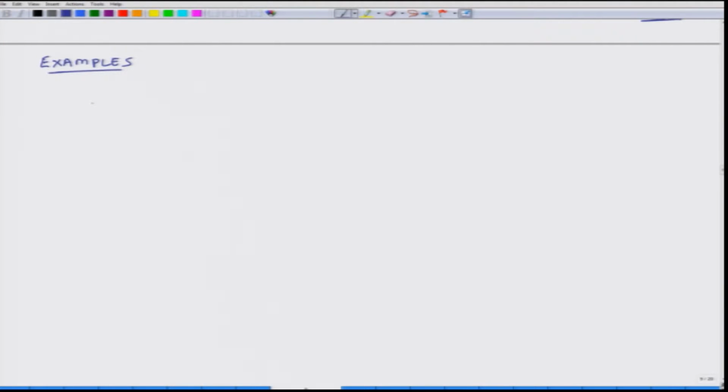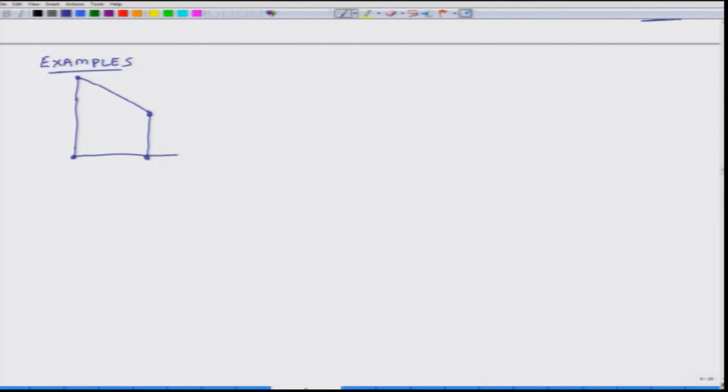So, the first example is an element which looks like this. It is a quadrilateral, I should be able to map it to a square in the zeta eta domain, right.